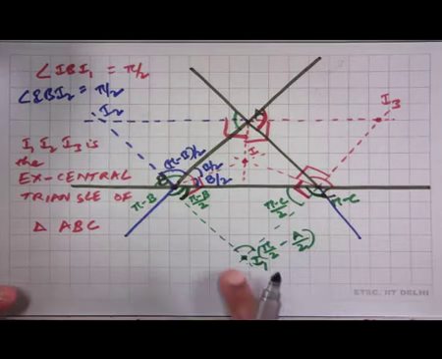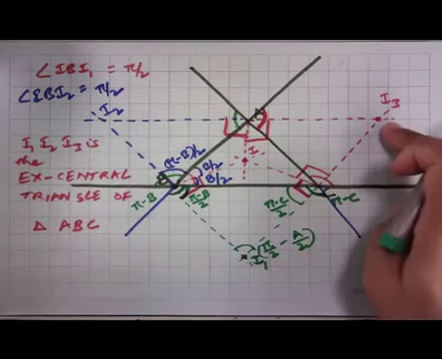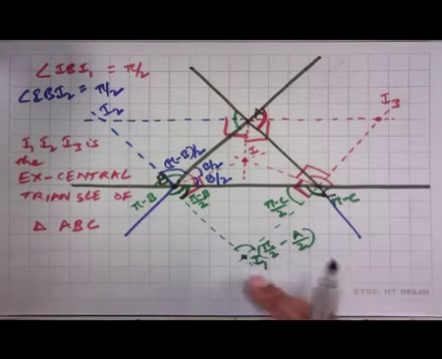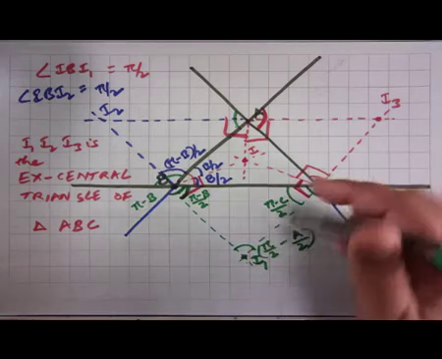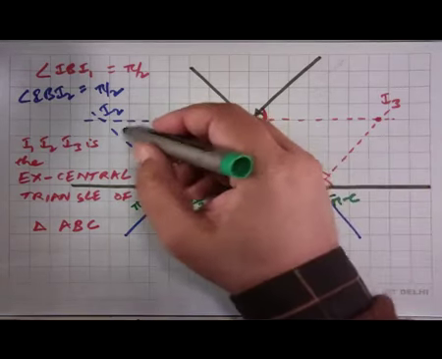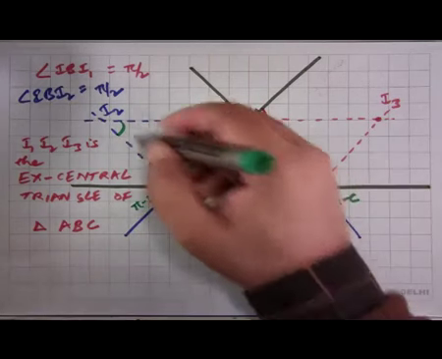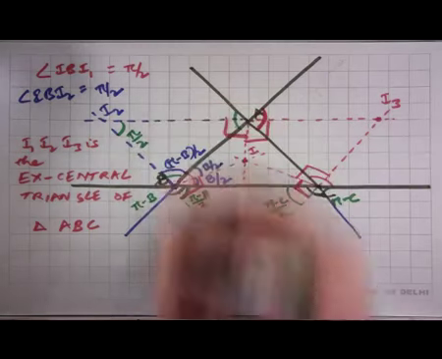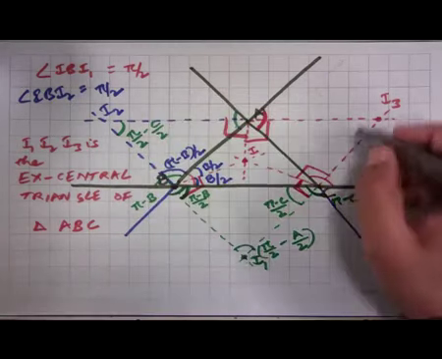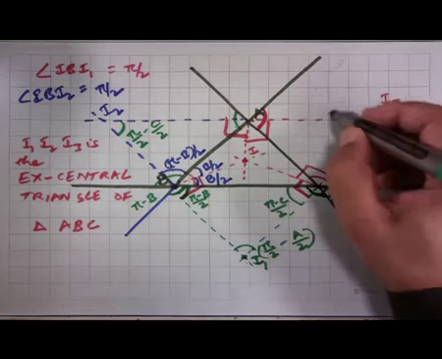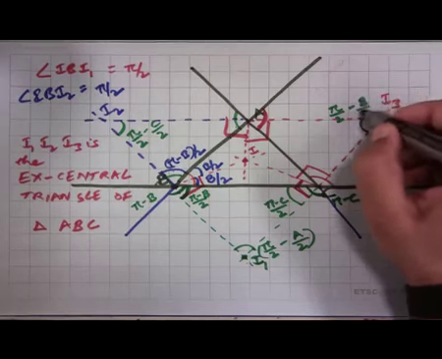So, we have found the measure of the angle I 2 I 1 I 3 of the excentral triangle to be equal to pi by 2 minus A by 2. And in a similar manner, we can show that this second angle of the excentral triangle is pi by 2 minus C by 2, and this third angle is pi by 2 minus B over 2.